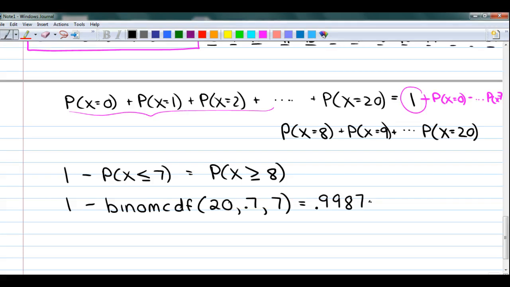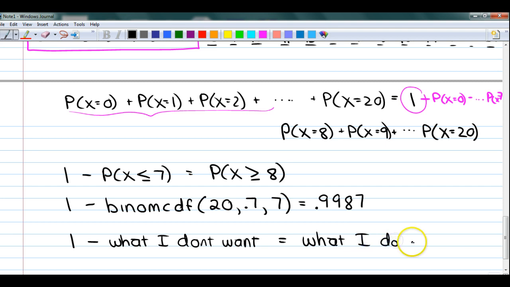This is a really good trick, and we're going to use it a lot. 1 minus what I don't want equals what I do want. And that's all there is to binomial. Good luck.